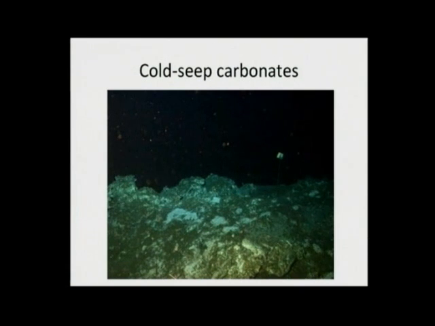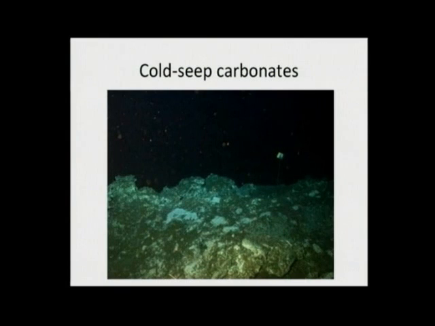Now in cold seeps, we often find buildups of carbonates. The Nautilus was here a few years ago, and they found this even here in the Mediterranean. And this carbonate is being precipitated because of this process of anaerobic methane oxidation. But carbonates are not the only minerals that are precipitated there. There is also barite. Barite is barium sulfate.